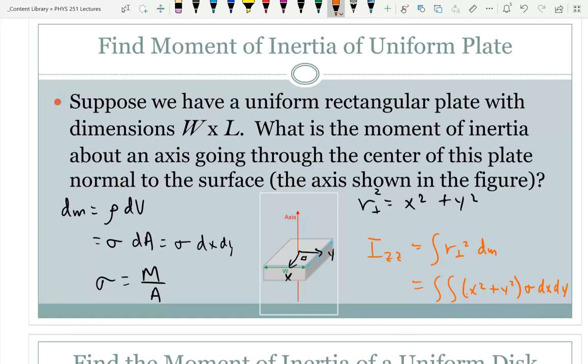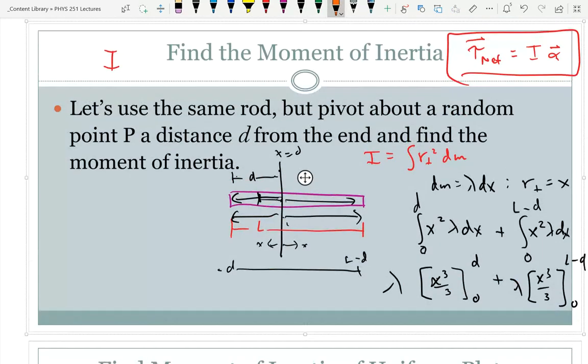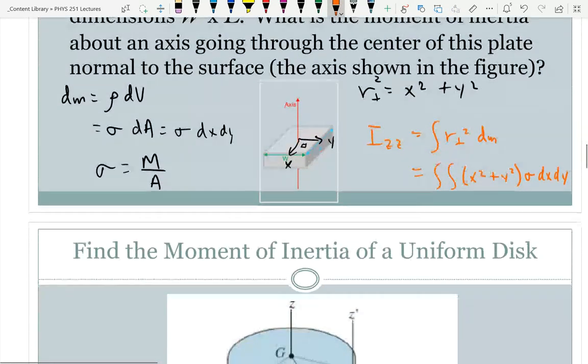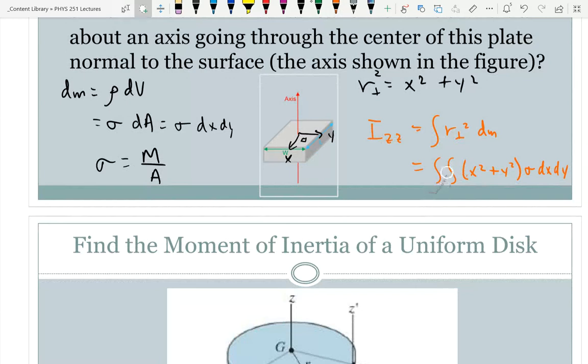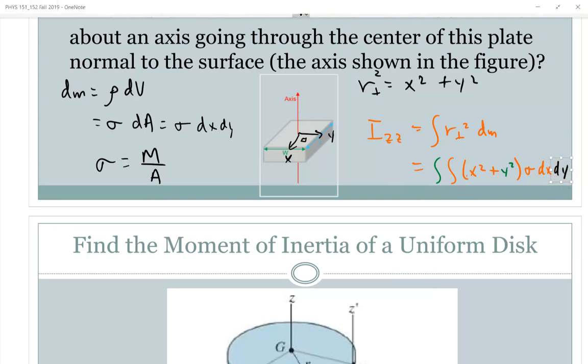The limit for y would be 0 to L. I'm changing colors for my variables so that we can keep them separated in our heads.